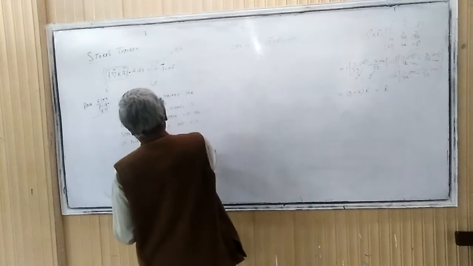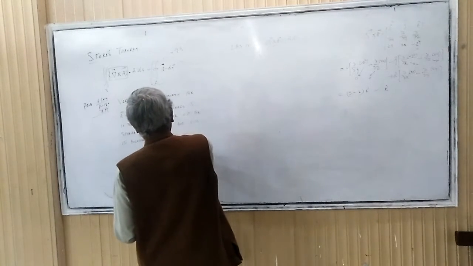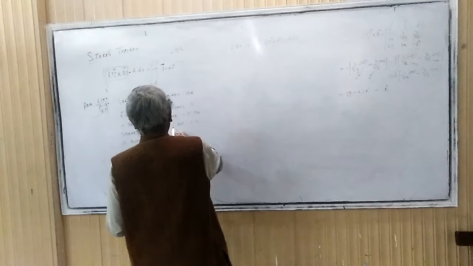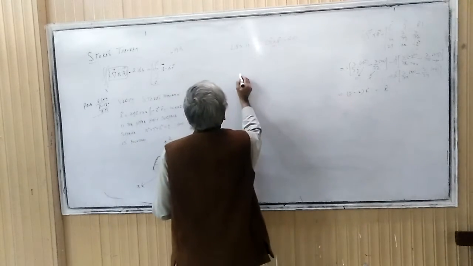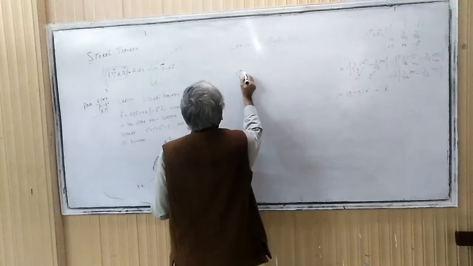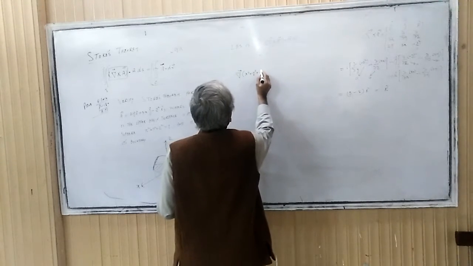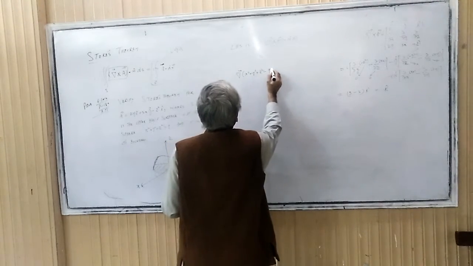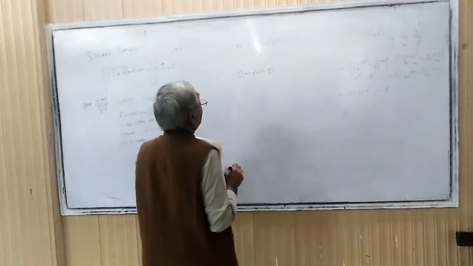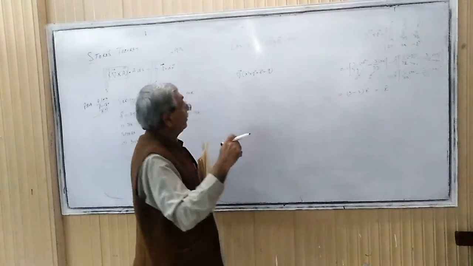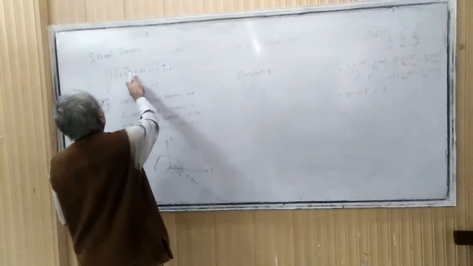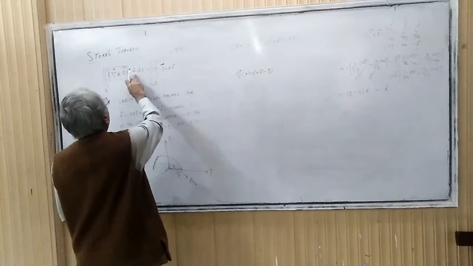Now, since the equation of the sphere is given, that is the surface, so we'll say del of x square plus y square plus z square minus 9 is a vector which is perpendicular to the surface. It means it is a normal to the surface.